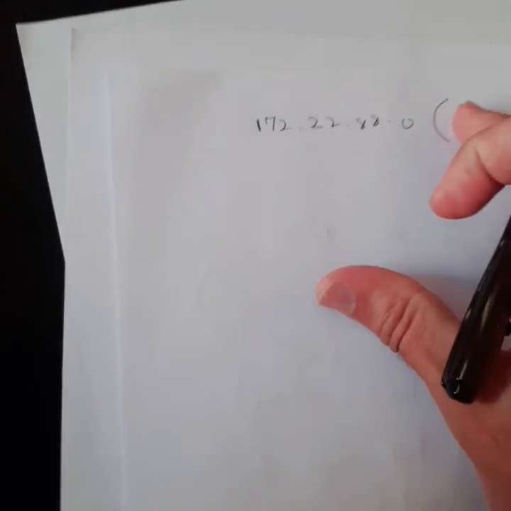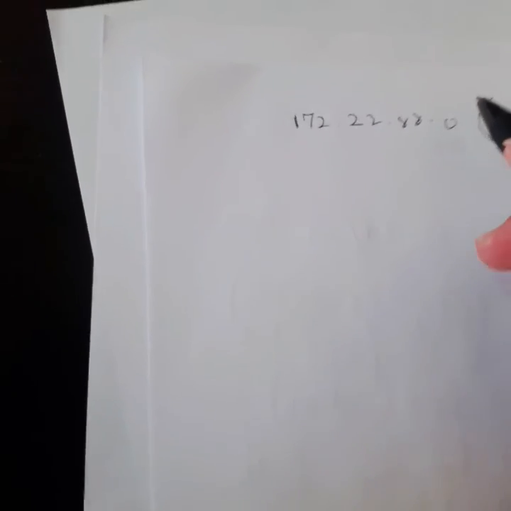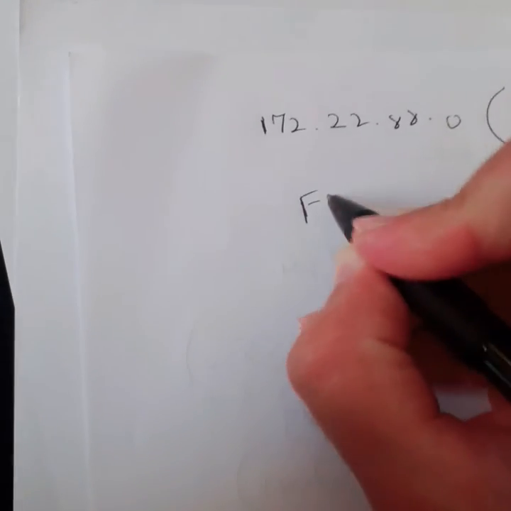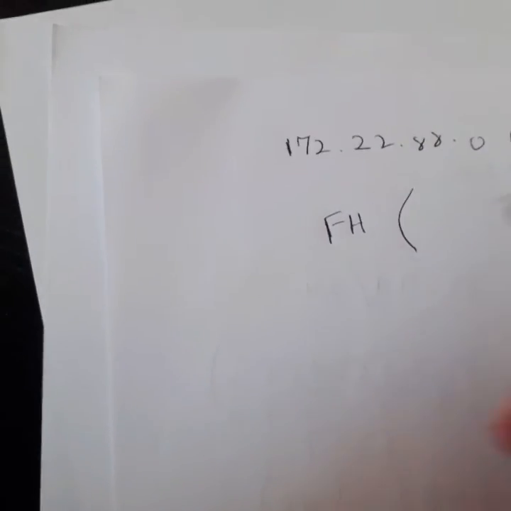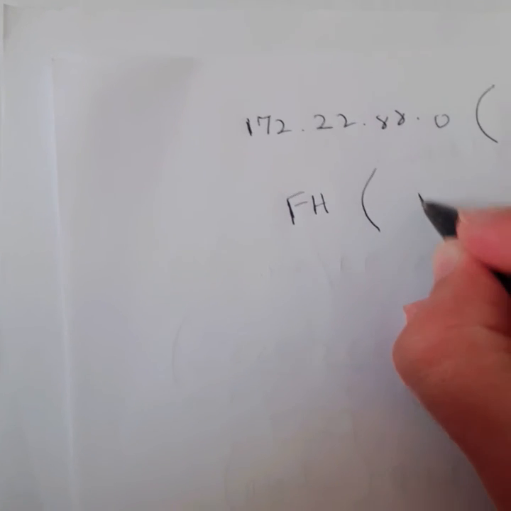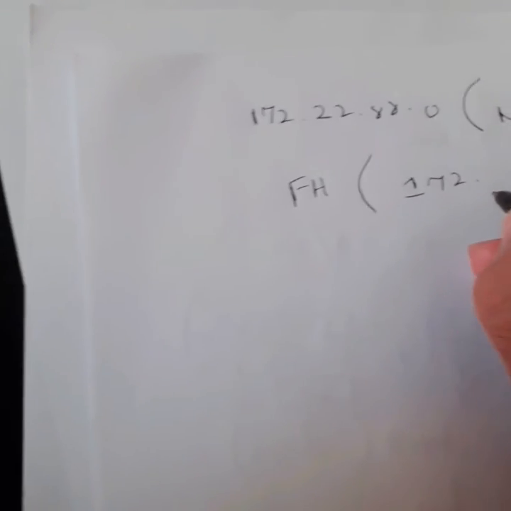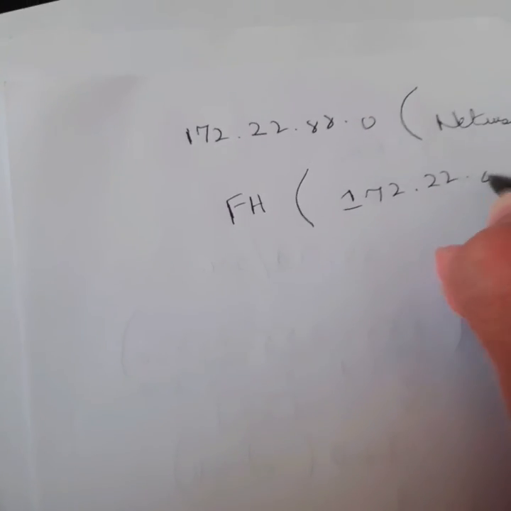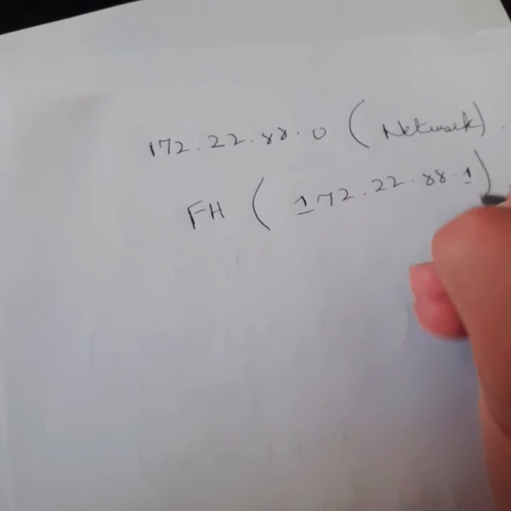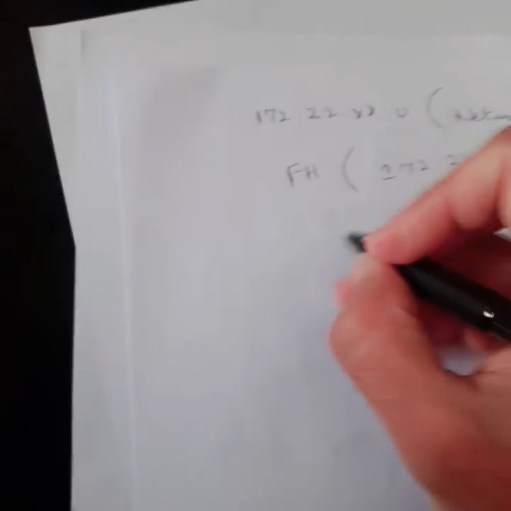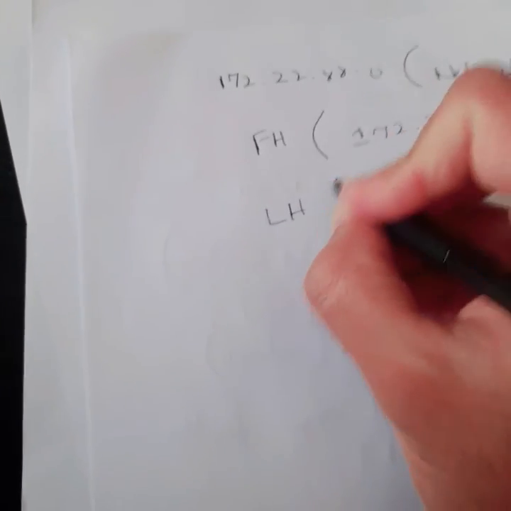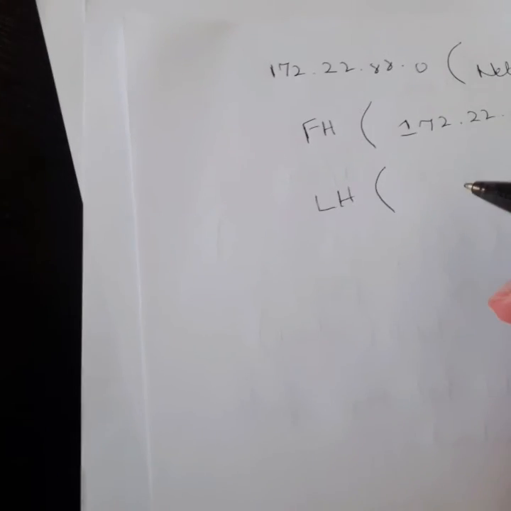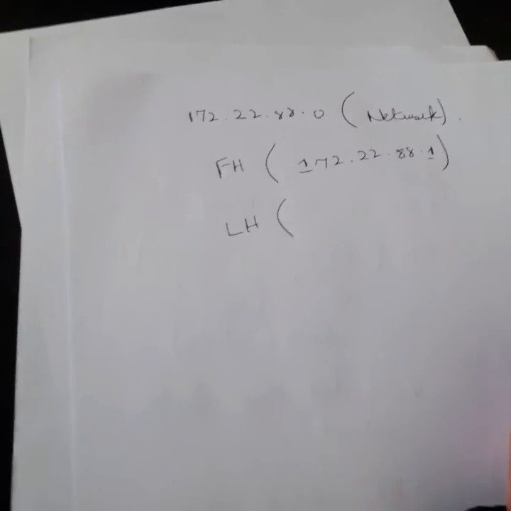So the first host that we can use is going to be 172.22.88.1. And the last host, which are always going to be a bit of a pain, but this time they're not. But we have to work it out.